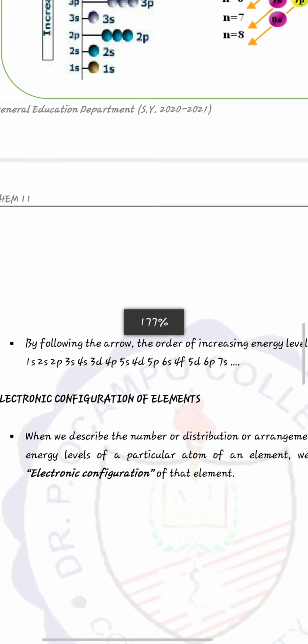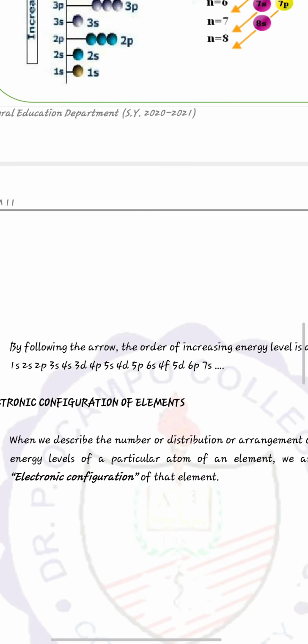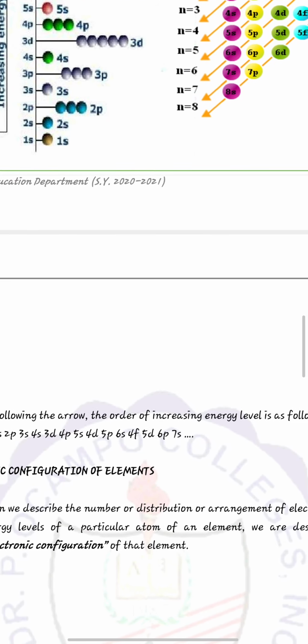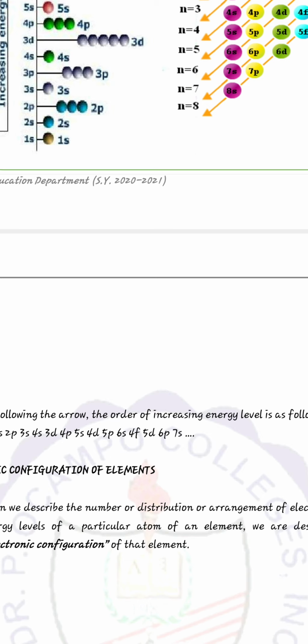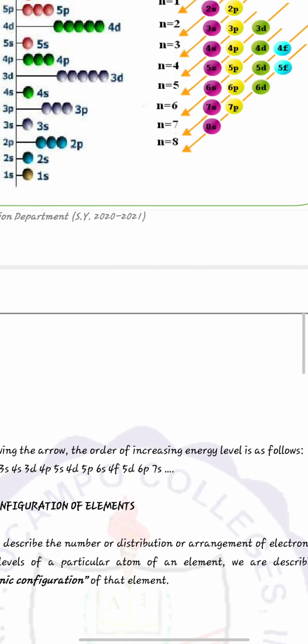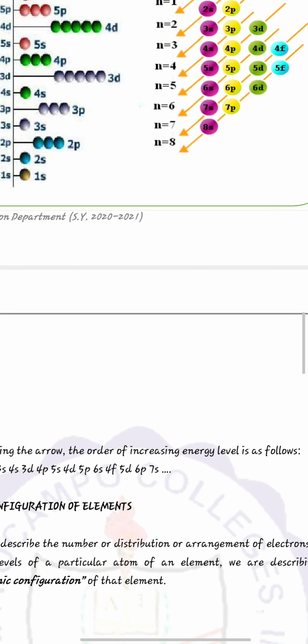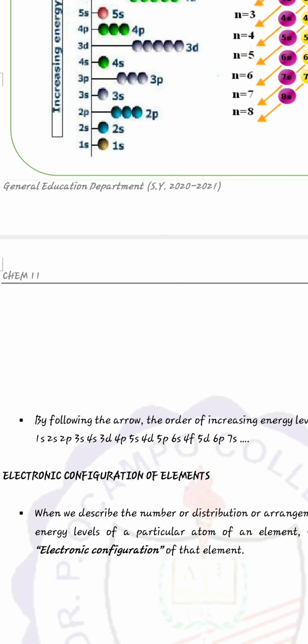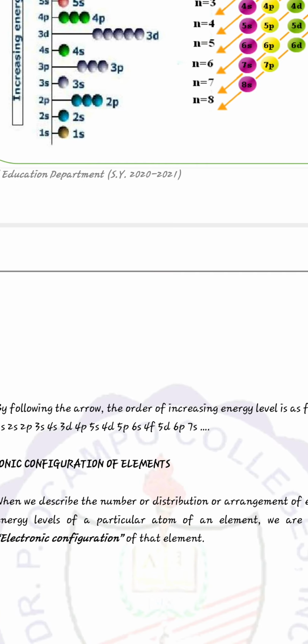Yun na nga yung sinabi ko kanina: 1s2, 2s2, 2p6, 3s2, 3p6, 4s, 3d, 4p, 5s, 4d, 5p, 6s, 4f, 5d, 6p, 7s, 5f, 6d, 7p, and 8s. Ito kasi hindi ko na pinatuloy. So that makes the order of electronic configurations.